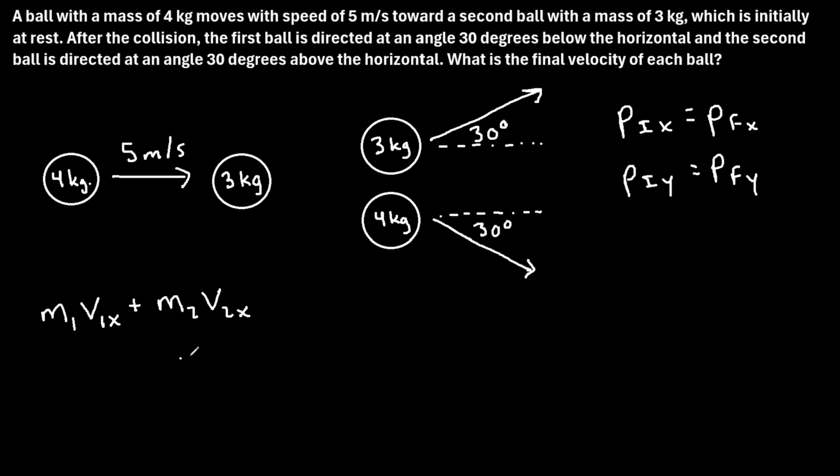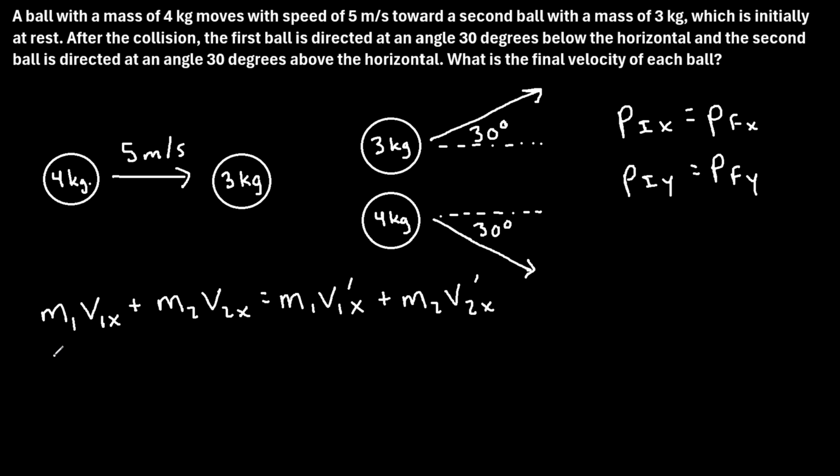This must be equal to the final momentum in the x direction. So that would be the mass of the first ball times the final velocity of the first ball in the x direction, plus the mass of the second ball times the final velocity of the second ball in the x direction. So let's fill in all the values that we know in this equation.